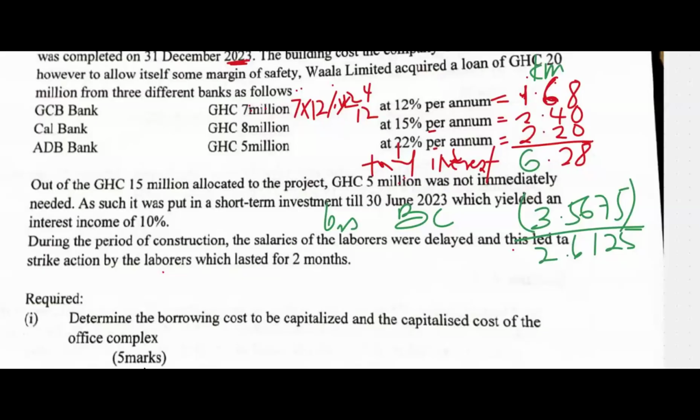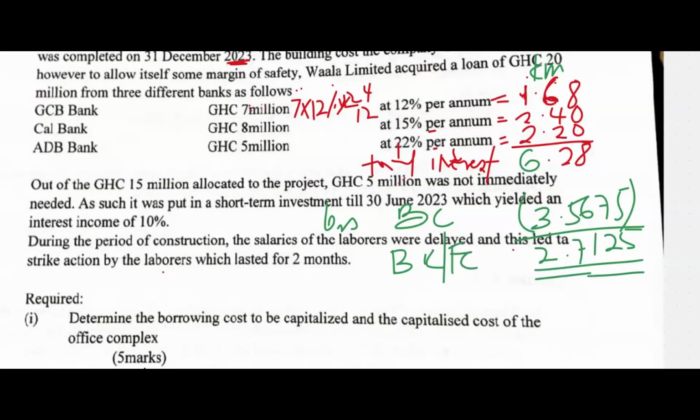Okay, yeah, 2.7, not 2.6. That's correct. This is the finance cost or borrowing cost to be expensed, because the construction is within 2 years.